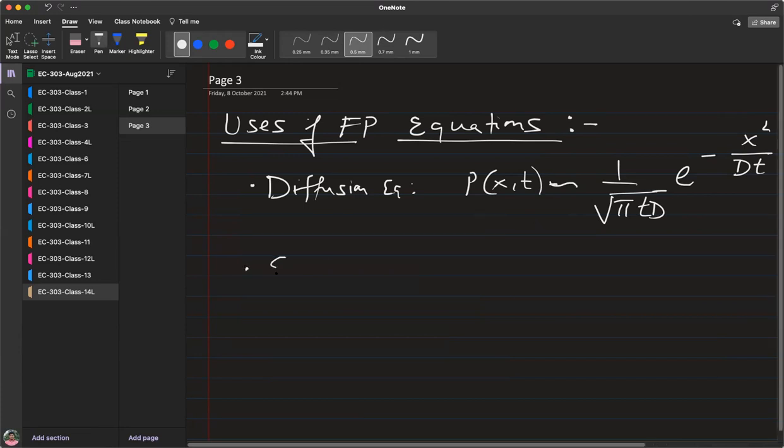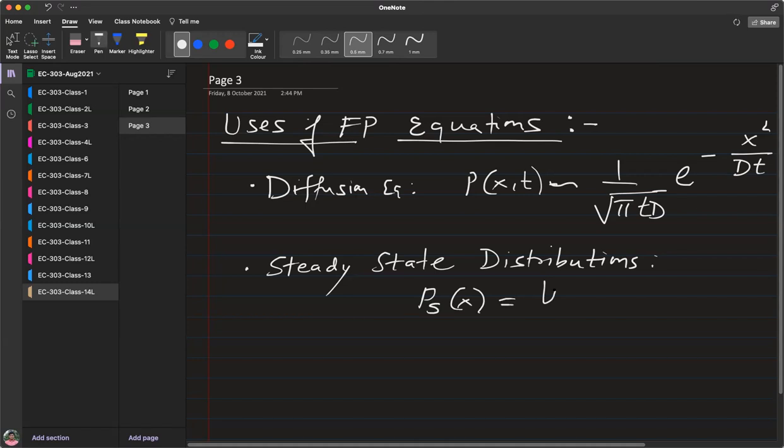So what we often do is to calculate the steady state distributions. What does that mean? It means that we take the p(x, t), we wait really long, and it will reach a stage where this probability density function doesn't change anymore.